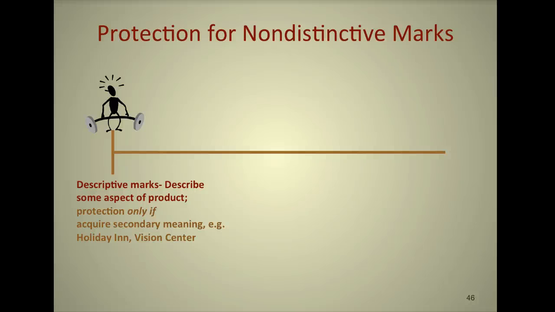So for example, Holiday Inn: when you think of vacations and holidays, you would think of Holiday Inn as just descriptive, but it's acquired a meaning of the Holiday Inn hotels, or motels. So then it becomes protected as a trademark. Vision Center, the same thing. Normally, those are just words to describe part of the product, but they've acquired a meaning of representing that company.